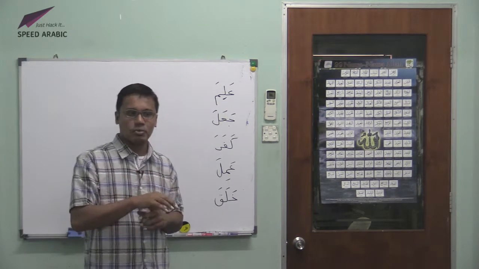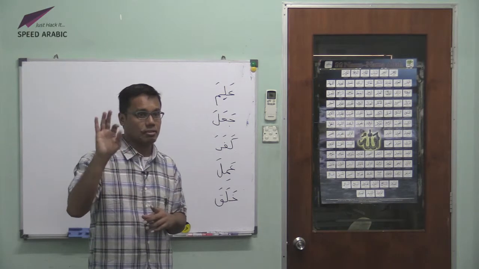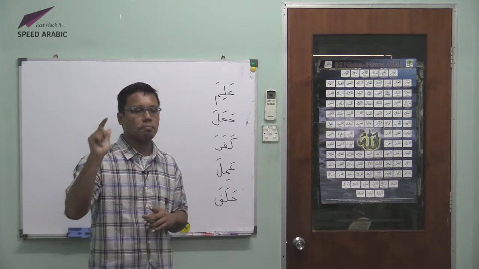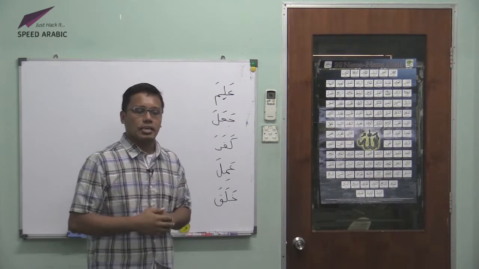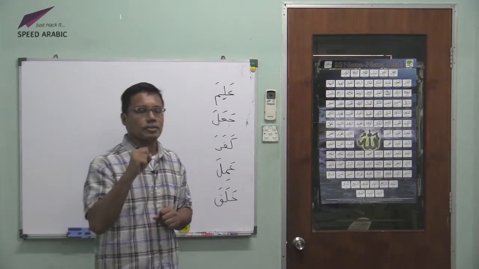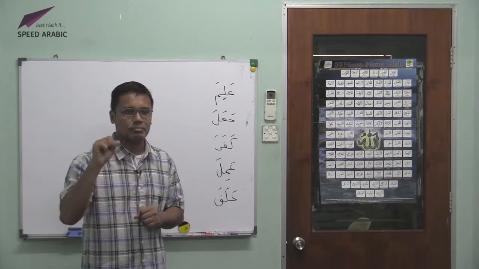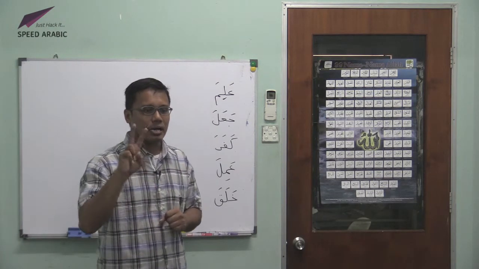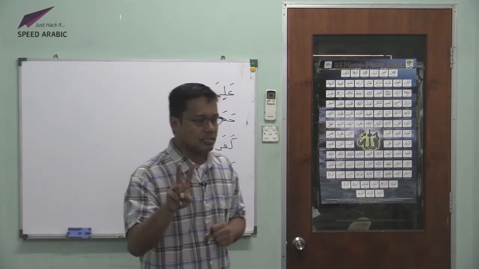Before that, what are the word types? Word types are three, right? What are they? Noun, verb, particle. Okay. That is in terms of type. In terms of kind, word kind, words are of two kinds.